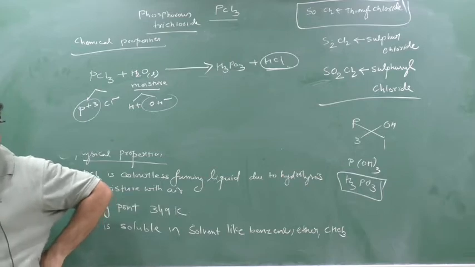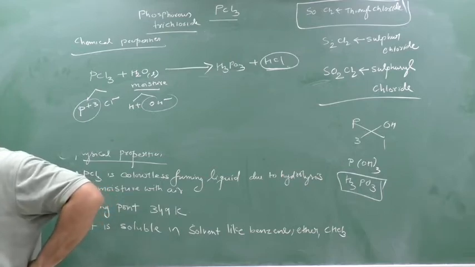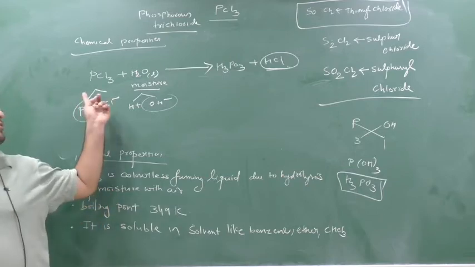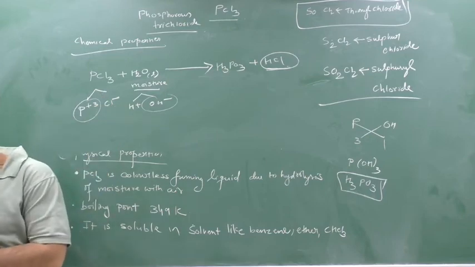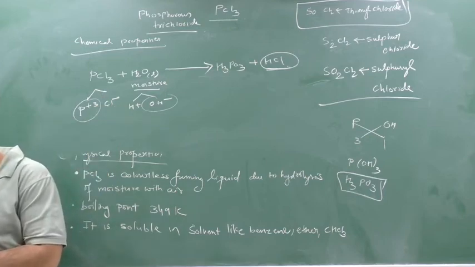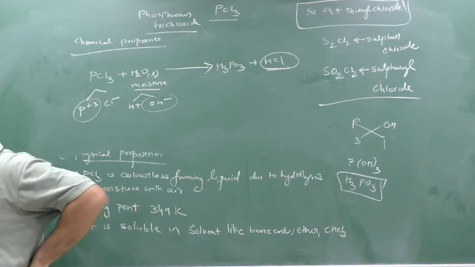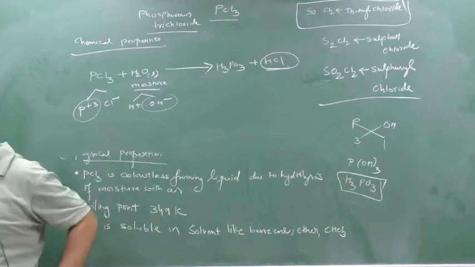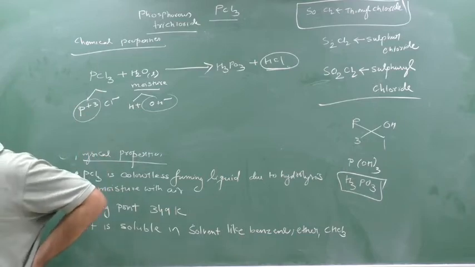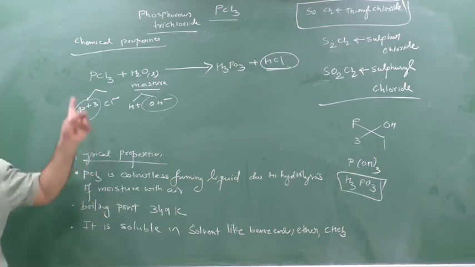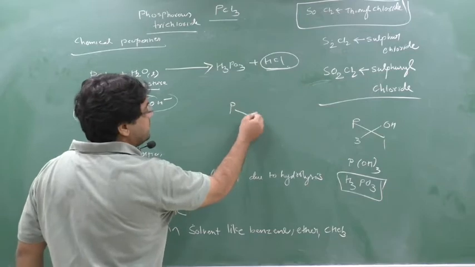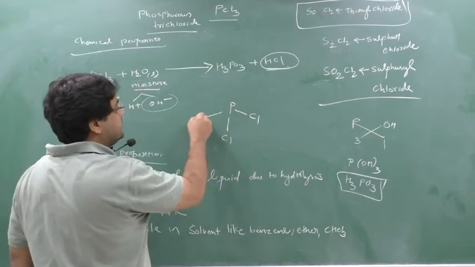The fumes of HCl are produced due to hydrolysis of PCl3. The P-Cl bond decomposes. This P-Cl bond will be there in PCl3, yes or no?